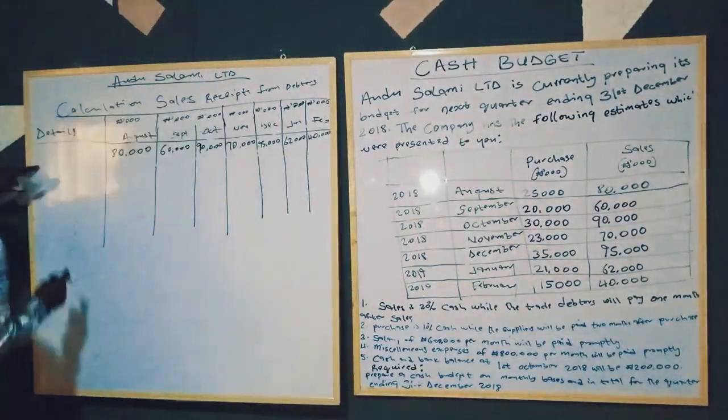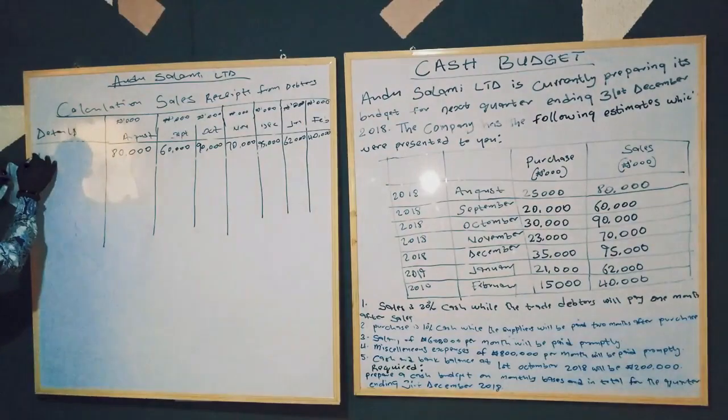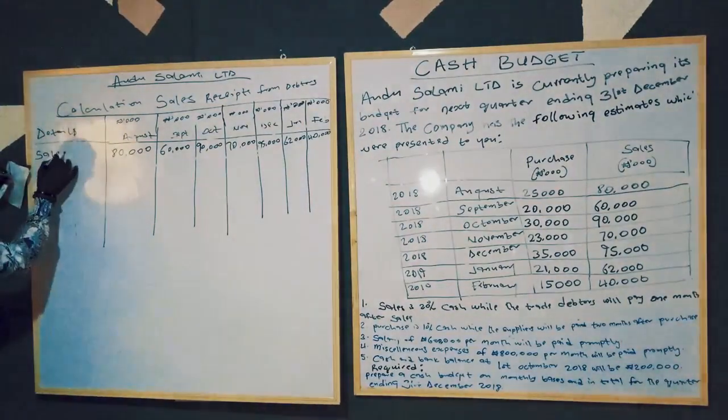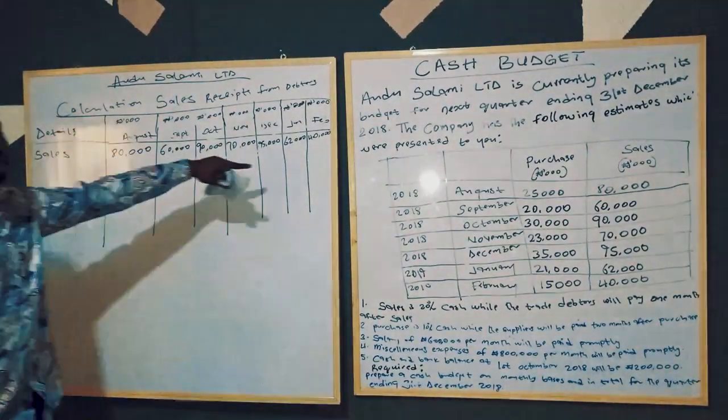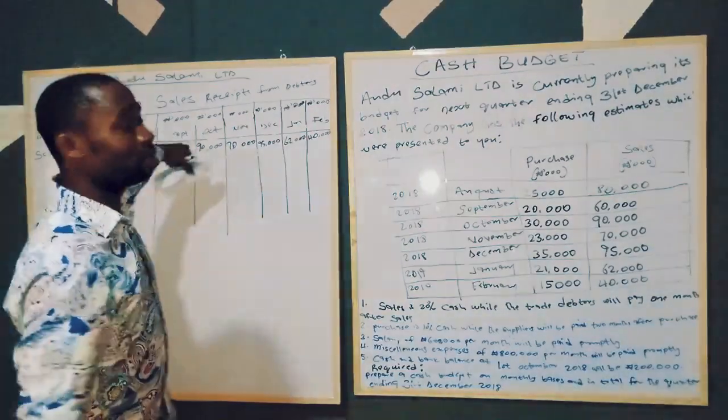Then this simply means that this is our sales. These are the budgeted sales for the months.